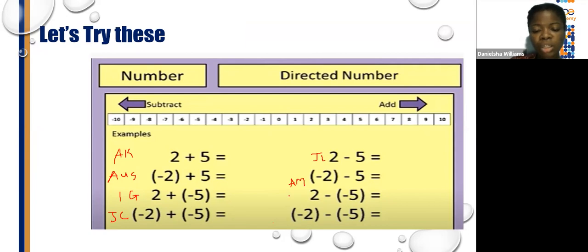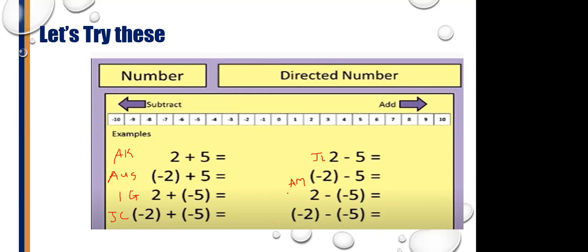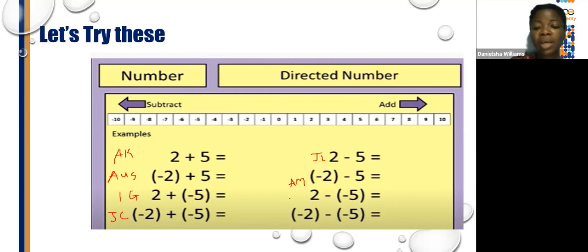Shakir or Shakur, I'm not sure how you pronounce it. Shakur. Yes, my bad. So Shakur, you're doing the second to last one. And TM.